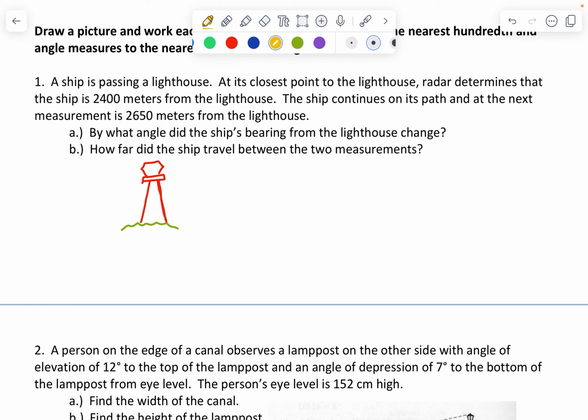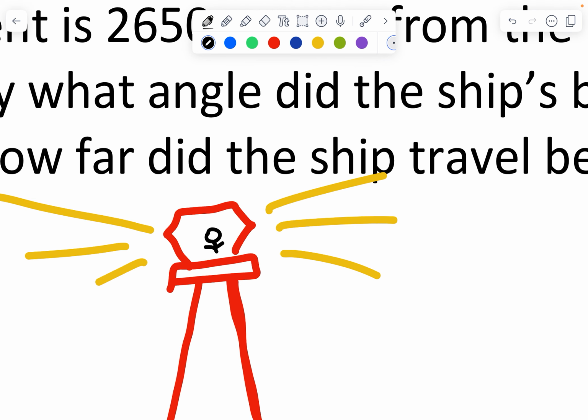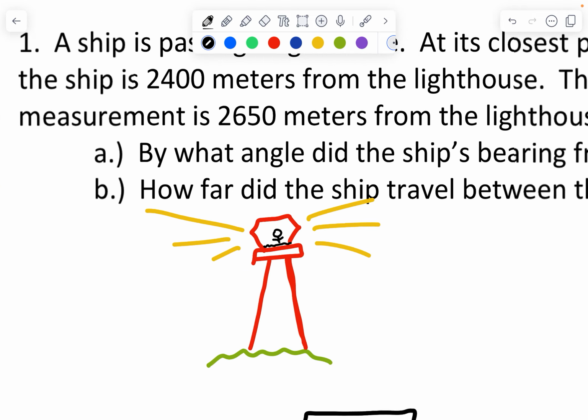So if we've got a lighthouse out here and a ship going by, that ship is moving, the lighthouse is not, so it's important to put yourself in the correct point of reference for a problem. So point of reference, we'll say there's an observer over here in the lighthouse, okay?